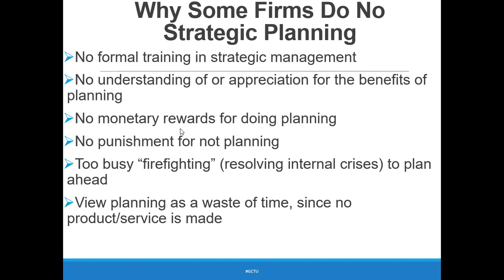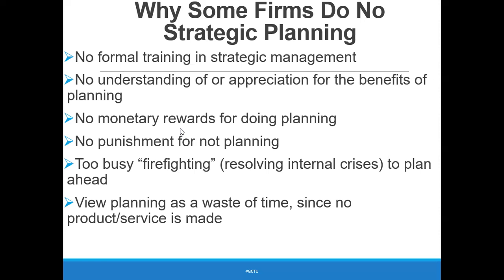But strategic planning, as we learned some few hours ago, aspires to attain fortunes of an organization in the long term by initiating actions and procedures now. So you may not necessarily see the benefits in terms of monetary now, but with the passage of time, you will realize you have been able to put up a robust organization that has an edge over all the competitors in that line of business.